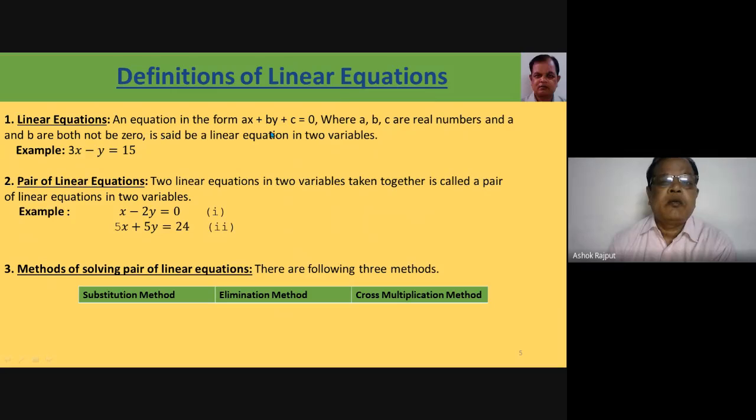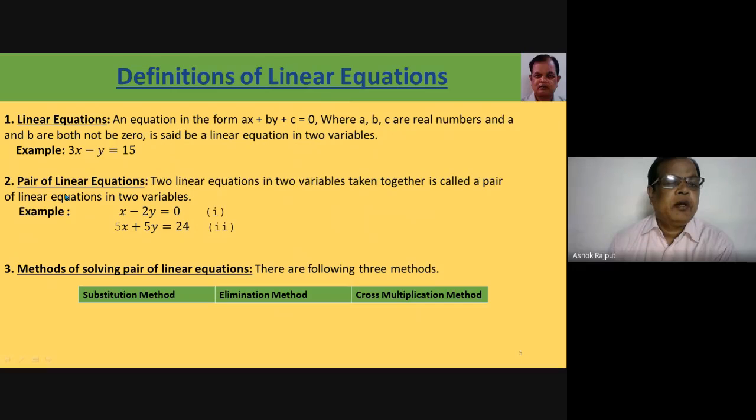If a and b are both zero, then it is not a linear equation because only a constant will remain. Such a type of equation is said to be a linear equation in two variables, as we have written here, 3x minus y equal to 15.